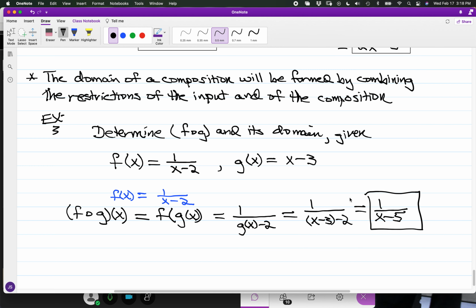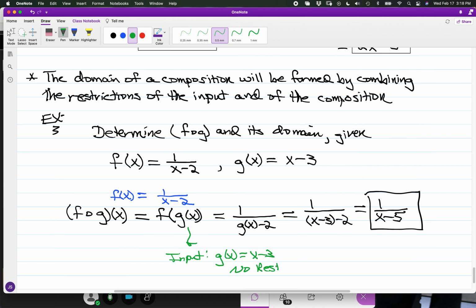Now again, for the input function, g of x equals x minus 3, so there is no restriction for the input.